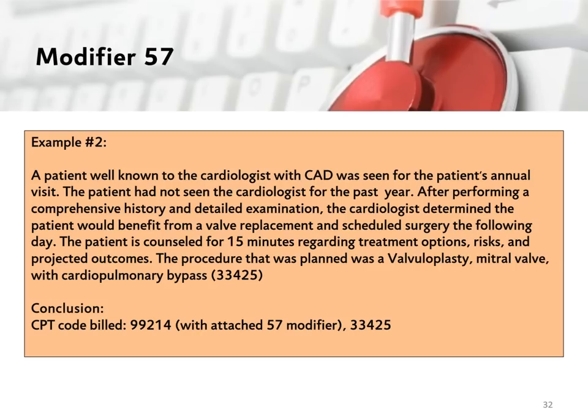The patient is counseled for 15 minutes regarding the treatment options, risk, and projected outcome. The procedure was planned with the valvuloplasty and the mitral valve with a cardiopulmonary bypass. The conclusion is the CPT code 99214 would be billed with modifier 57 appended.